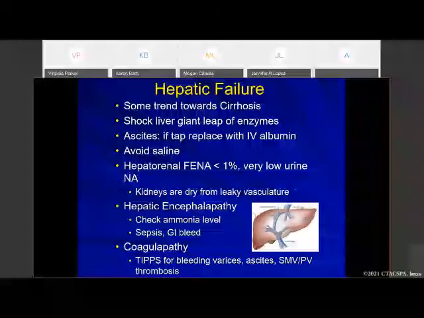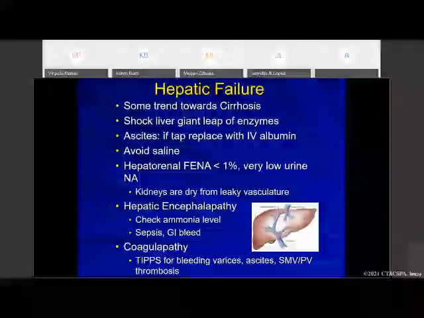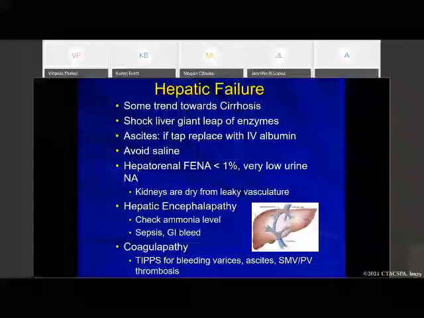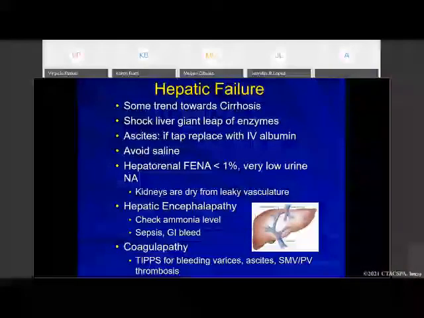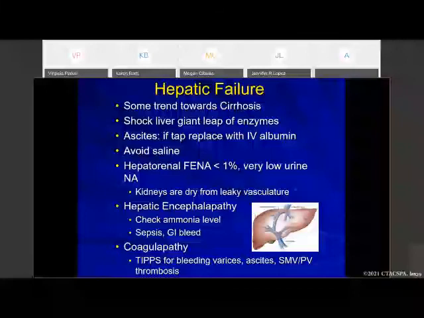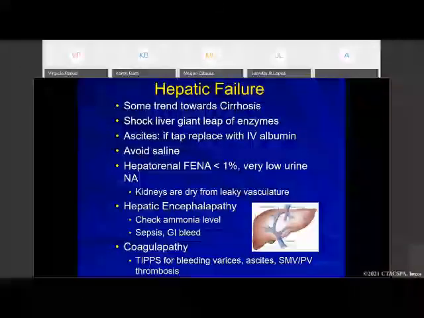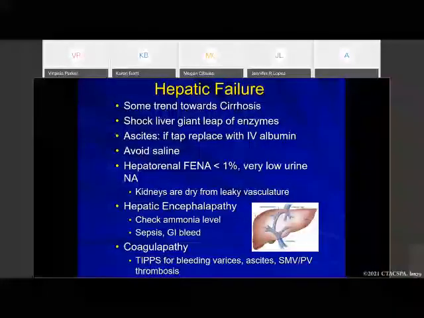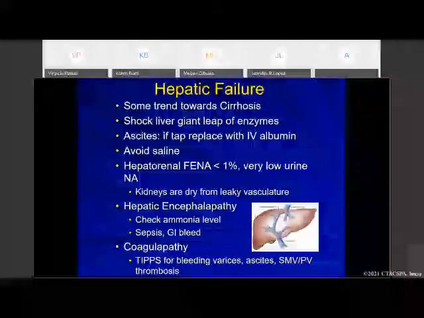Once you start getting hepatorenal syndrome, those patients are in real big trouble. The FeNa if someone's hepatorenal usually shows less than 1%, very low urine sodium. Of course, their kidneys are normal, but they're seeing just a decreased perfusion, so that's why they're dry. It's hard to get fluid to them because you put fluid into these patients and it goes into their ascites.